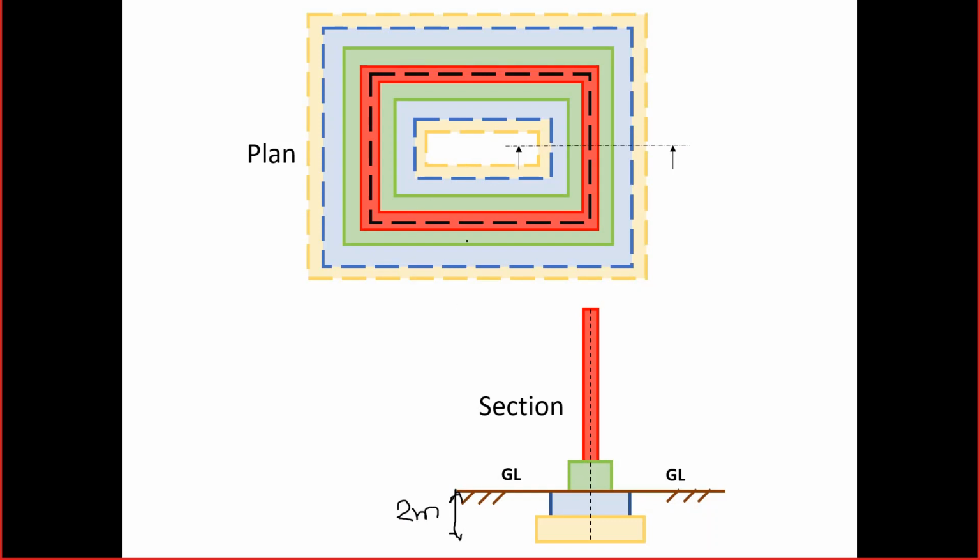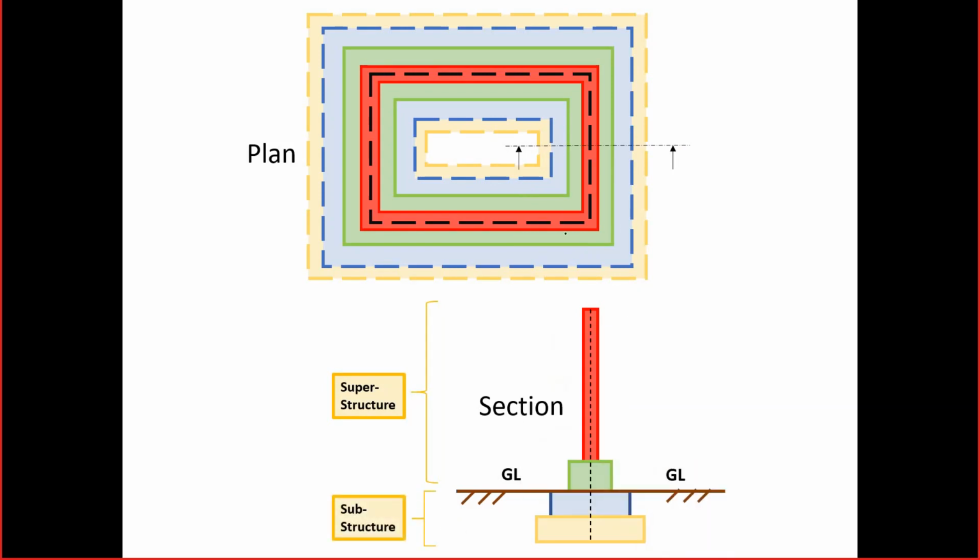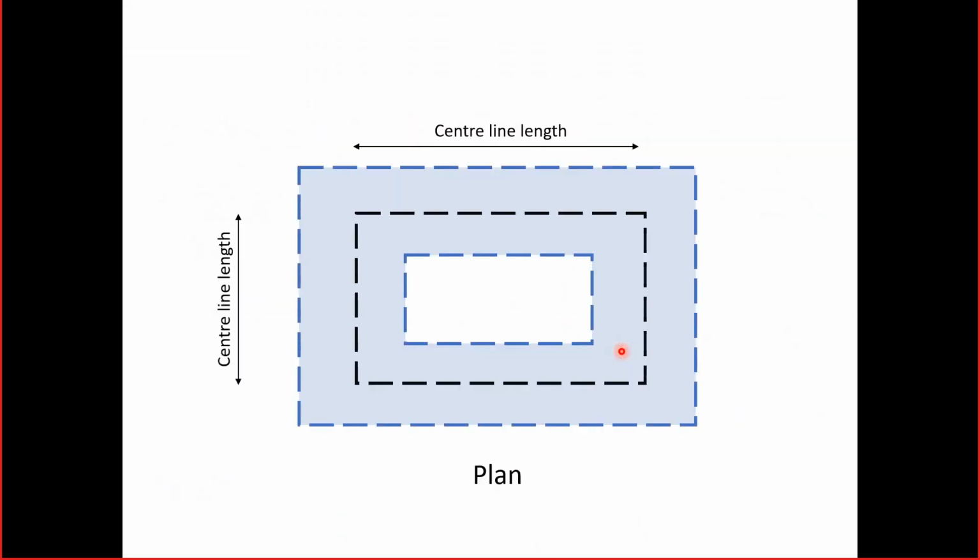So as in the plan view, this is also 2 meters, from here to here. In the section view, I'll get the depth, right? So the width, and I repeat, I'm talking about excavation, not the construction of the wall.